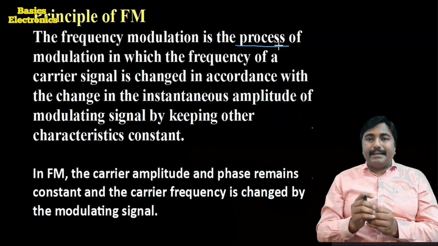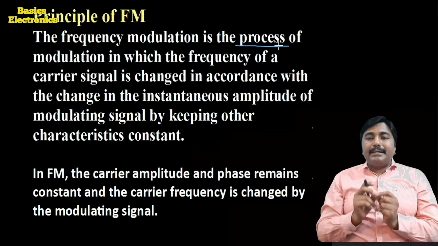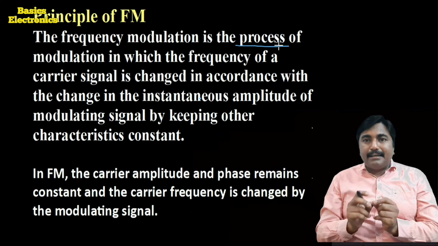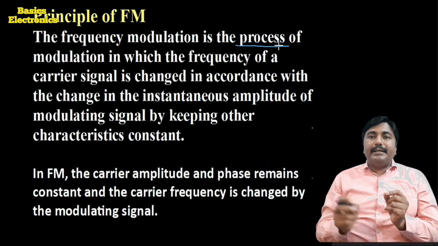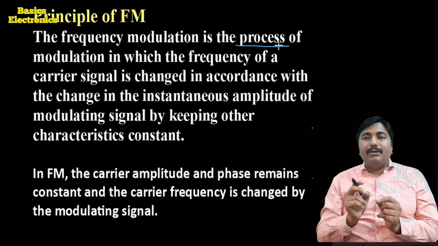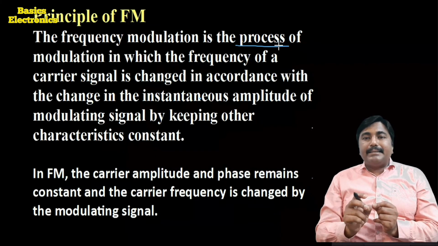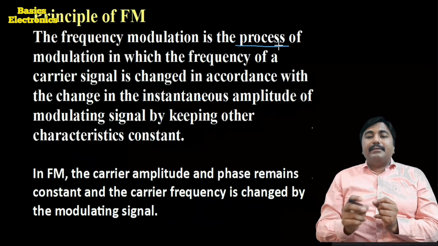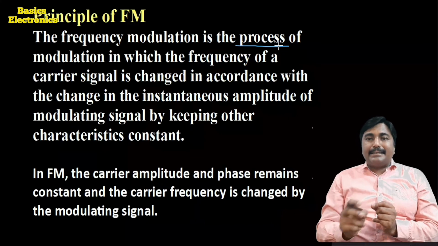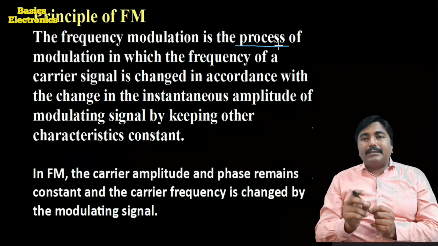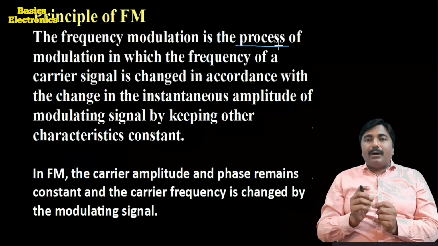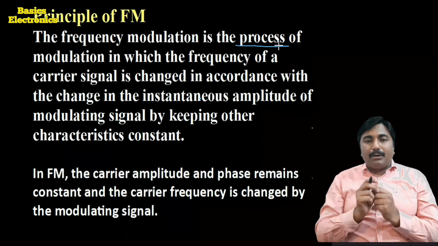That is, the frequency of a carrier signal is changed in accordance with the instantaneous amplitude of a modulating signal, keeping the other characteristics such as the amplitude and phase of the carrier signal constant. This process we call frequency modulation.